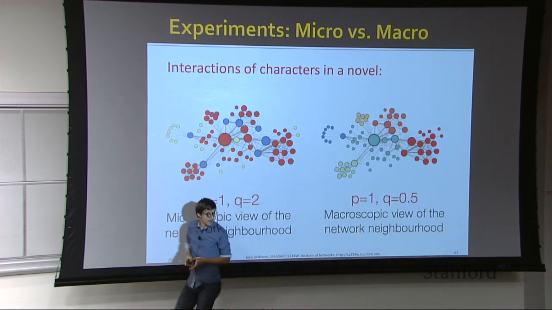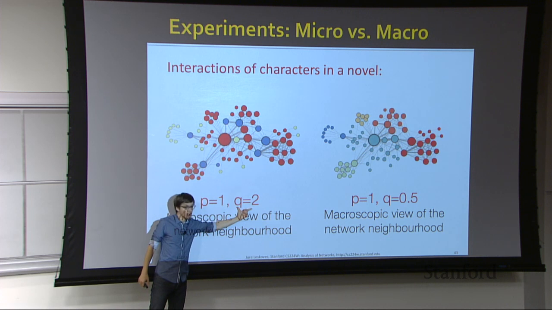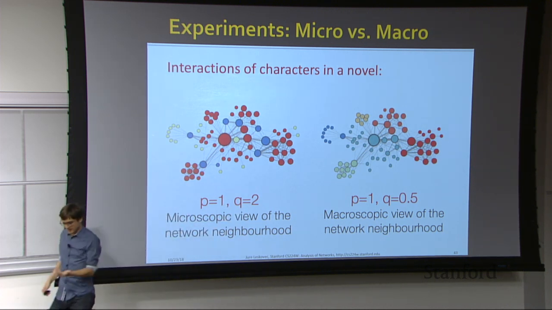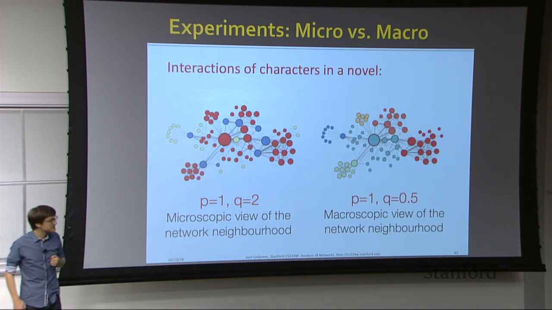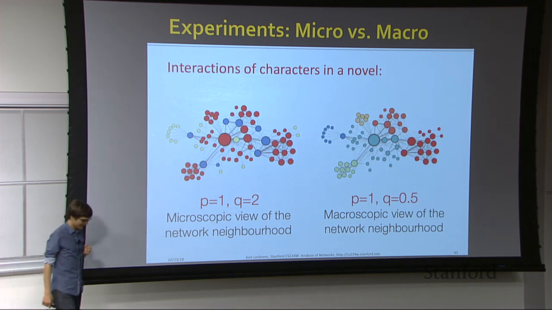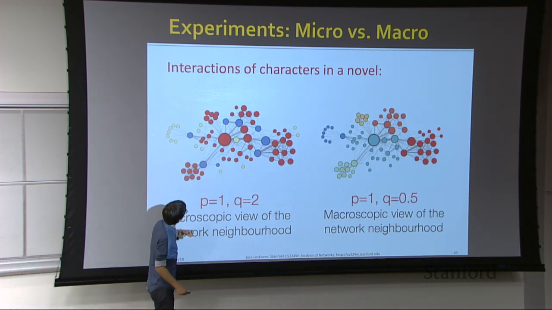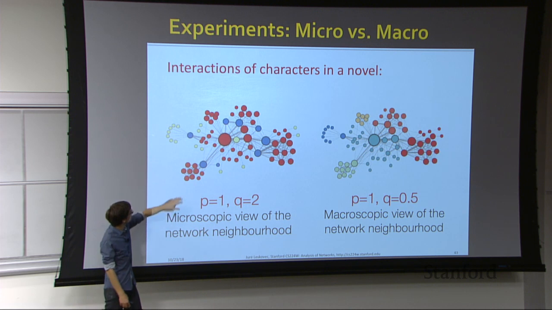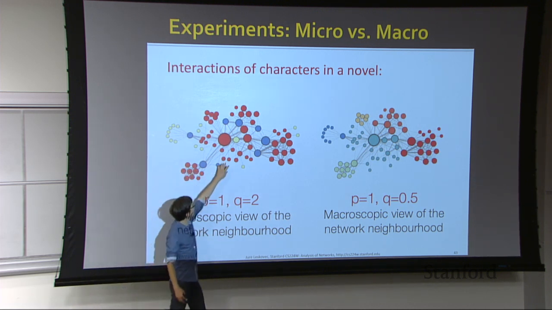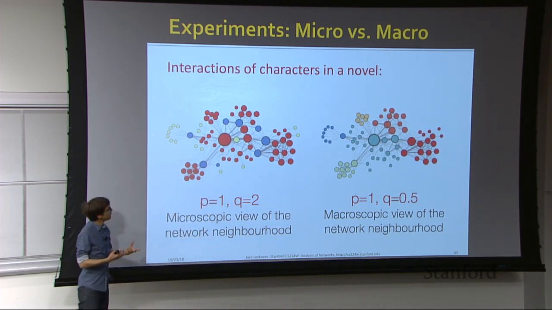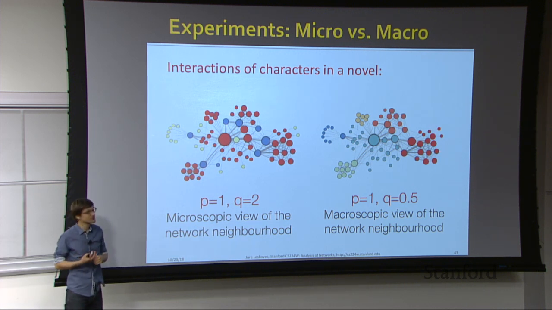But if we change the parameters and make a high value of Q, which means the return parameter is high, then nodes that are close in the embedding, again, are colored with the same color, and you see that this more corresponds to structural roles.